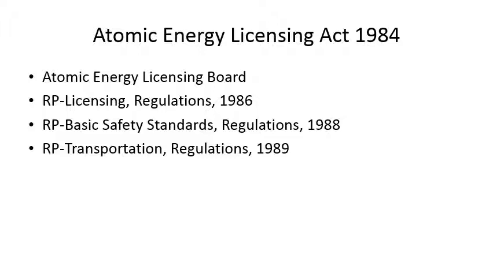Three of the regulations under this act, namely, the Radiation Protection Licensing Regulations 1986, Radiation Protection Basic Safety Standards Regulations 1988, and Radiation Protection Transportation Regulations 1989, were established to control radiation exposure in this country. There are other important regulations under this act, all serving to safeguard the population from hazardous radiation exposure.